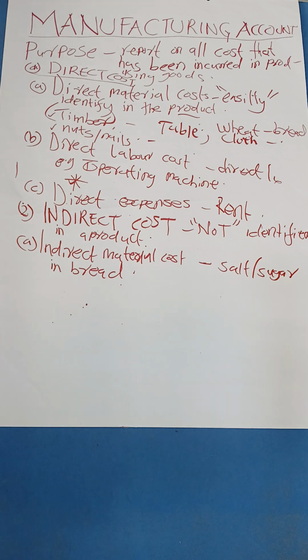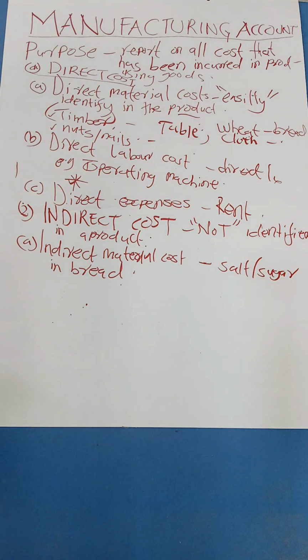You might have used maybe 2 spoons of sugar or salt in one bread. But at the end of the day, you have to incur those costs, because you cannot go and pick sugar somewhere; you have to buy it. Yet it is not easily identified in that product.